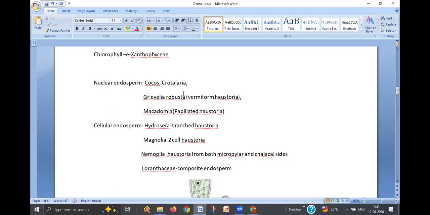Vermiform haustoria is a worm-like structure. This nuclear endosperm draws the food material from the nucellus with the help of the haustorium. That haustorium is worm-shaped, so it is called vermiform haustoria. It is found in Grevillea robusta. And in Macadamia, it is a papillate haustoria.